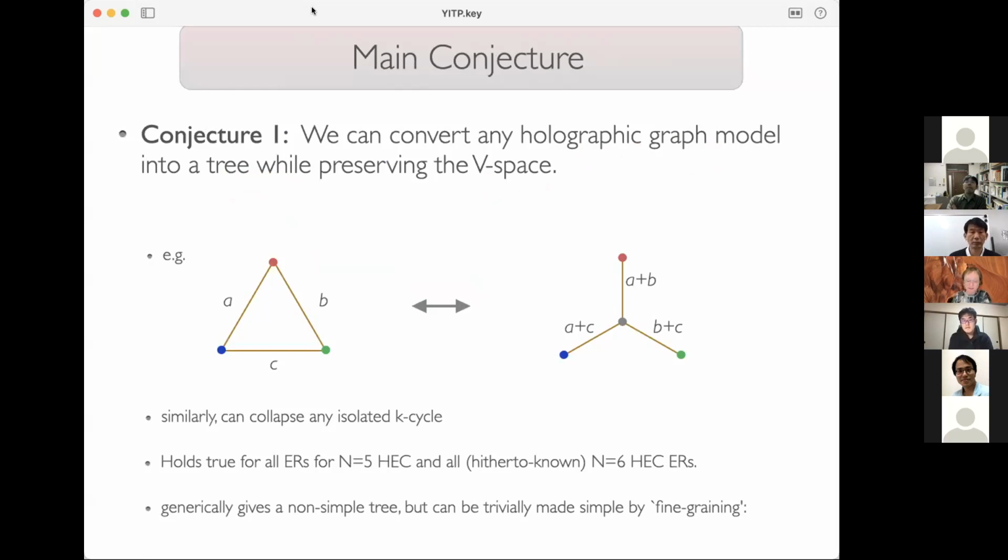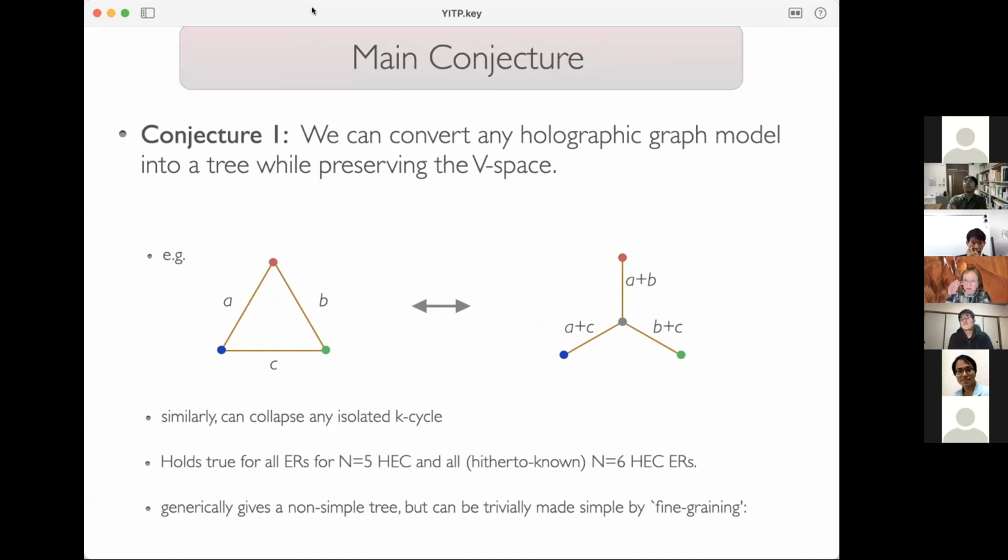So here's a simple example. You can have a graph with a cycle in it like this. That's not a tree graph, but its entropy vector is equivalent to the entropy vector of a tree graph. So this would be this conversion where we sort of zip up these edges to look like this. You can check very easily that the entropy of this boundary subsystem is A plus B, which is this leg, and so forth.